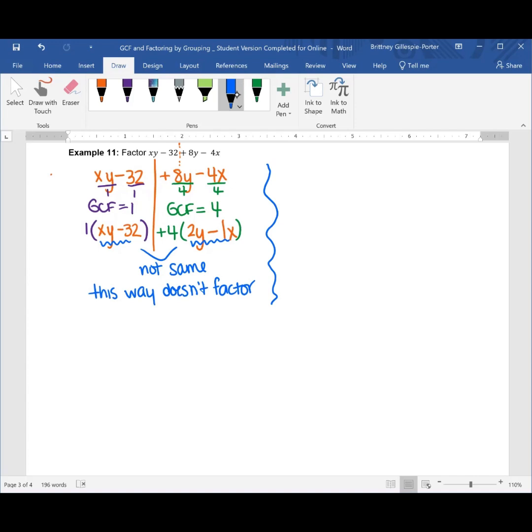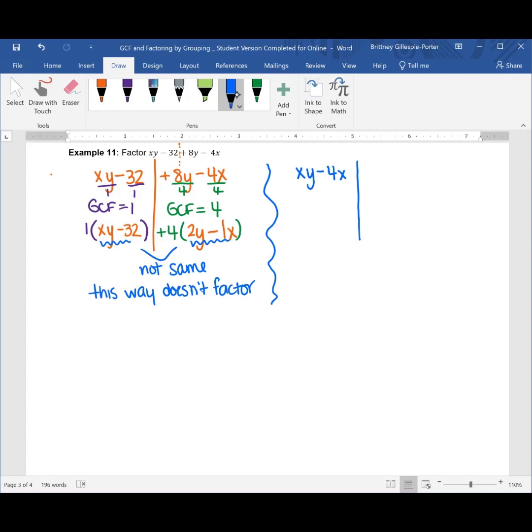Okay. So the way I'm going to start by grouping in our second way, I have an xy and I have a 4x. So why not put those two together? I have xy, and then I'm going to carry my sign, my 4x. I'm going to go ahead and draw my wall in between, breaking them up.